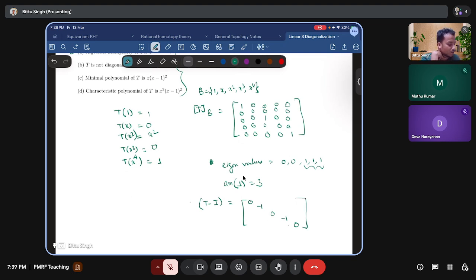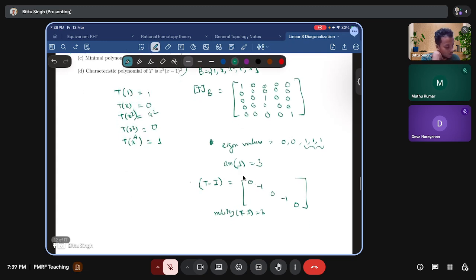So the rank of this matrix is 2, the nullity of T minus I is actually 3. Therefore the geometric multiplicity of 1, this is T minus 1I, is the same as 3. So the algebraic multiplicity and geometric multiplicity for 1 are the same. So we don't have any issue here.